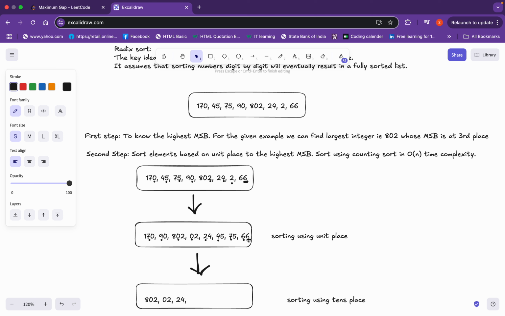No. 4? Yeah, we have 4 at tens place. Then 5? We don't have 5 at tens place. 6? Yeah, we have 6 at tens place. Then 7? Yeah, we have 7 at tens place.